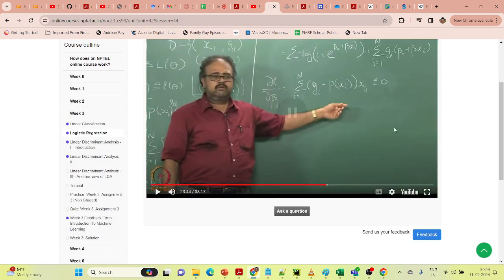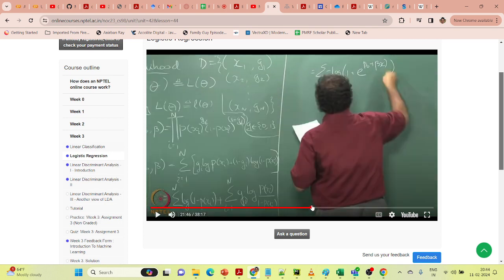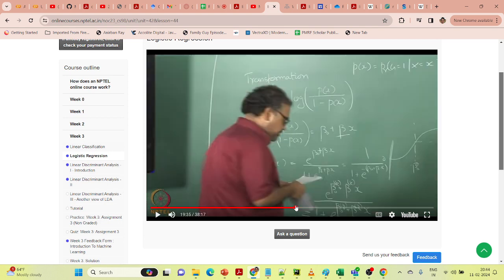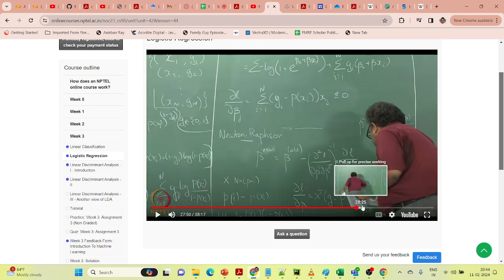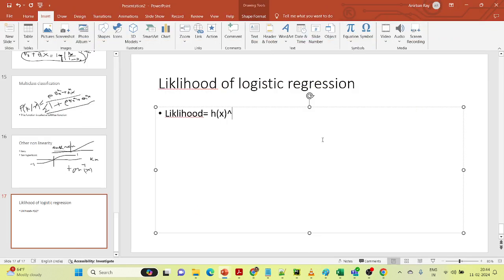Unfortunately, it's not so. Convention, likelihood, whatever. So it is the power of... let me write it like this. Indicator function. Okay, let me draw it.